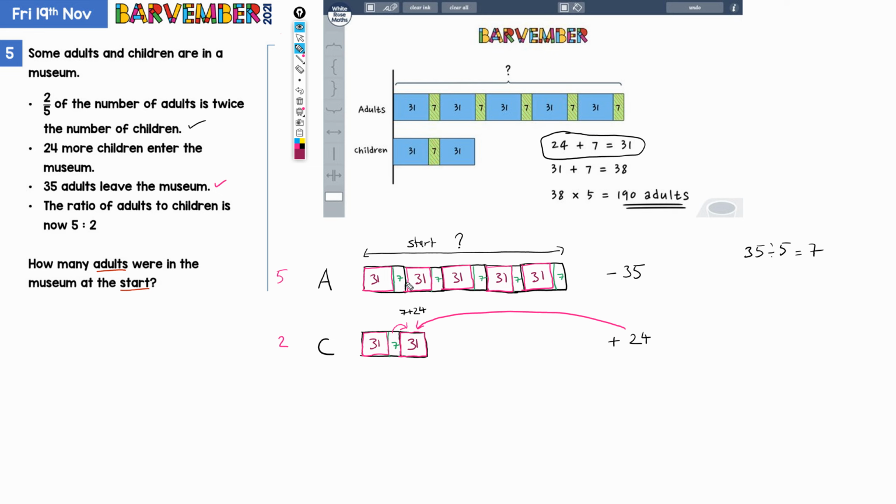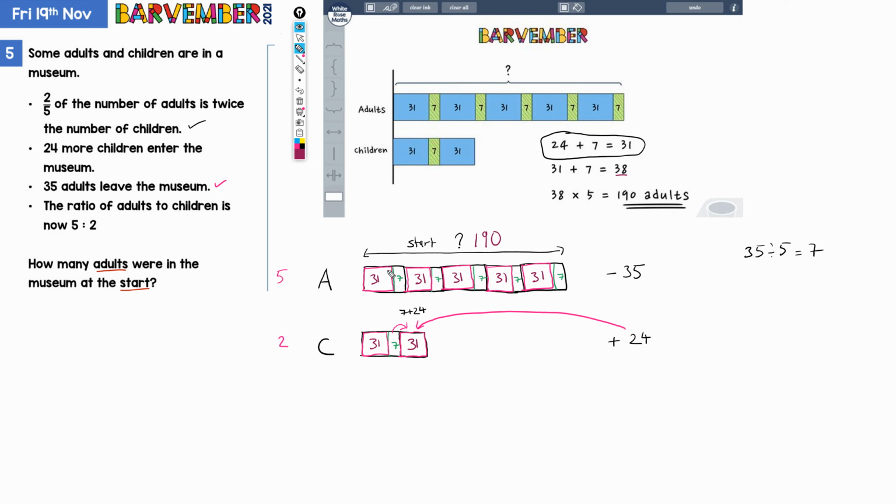And then we've got all the information we need then to work out what we had at the start. So what they've done here is that 31 add 7. So they've calculated the size of each original part, and that gives 38. And then we have 38 times 5, which equals 190. So that is our answer.